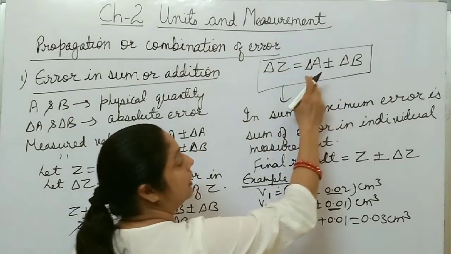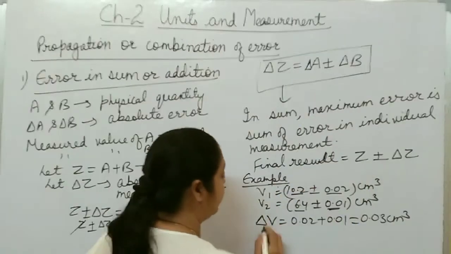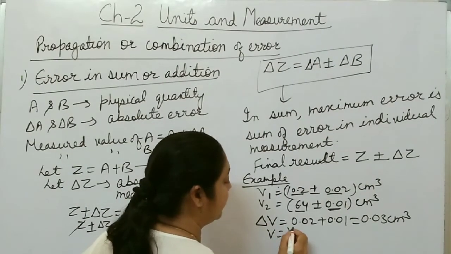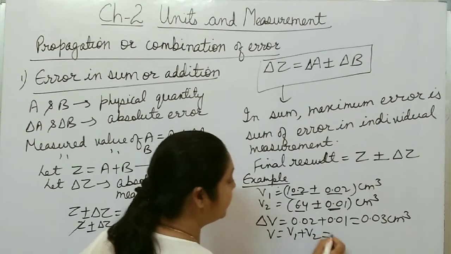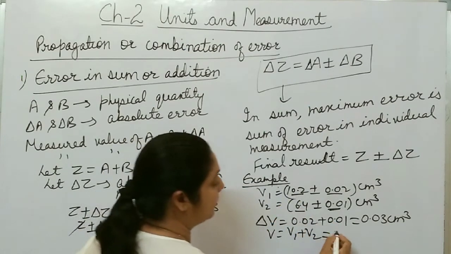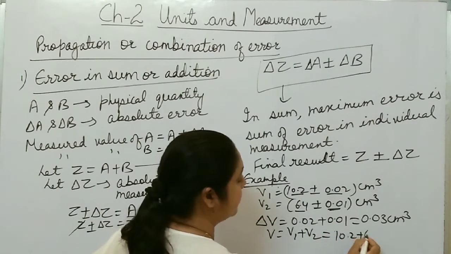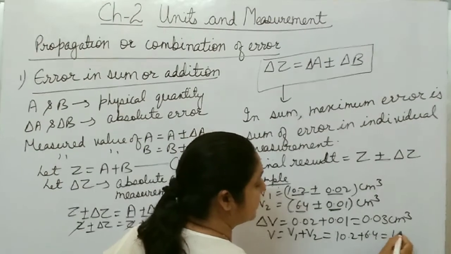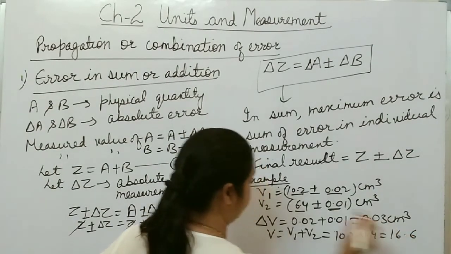Now you have to calculate V. V is V1 plus V2. Its true value is 10.2 plus 6.4, which is 16.6.